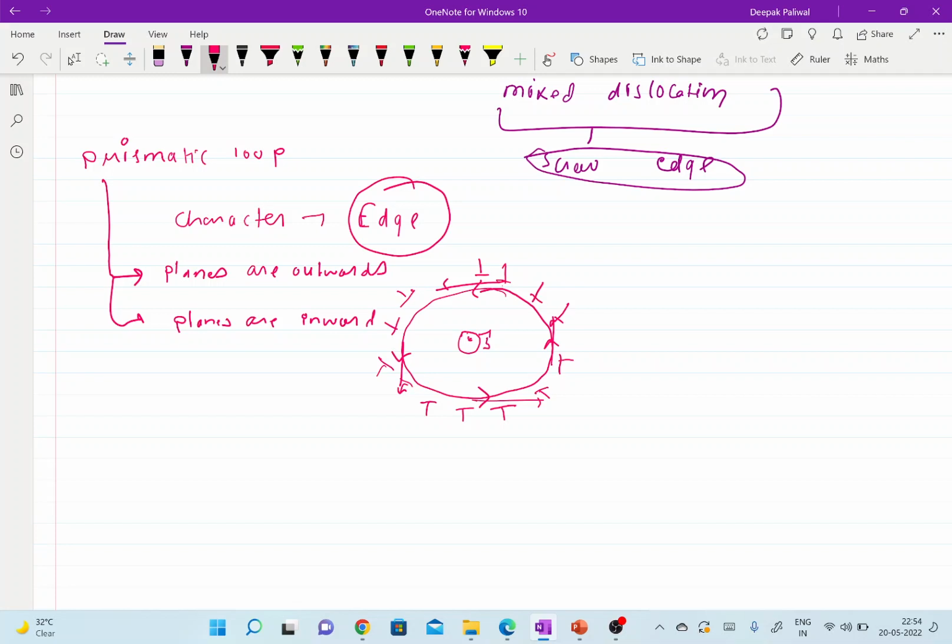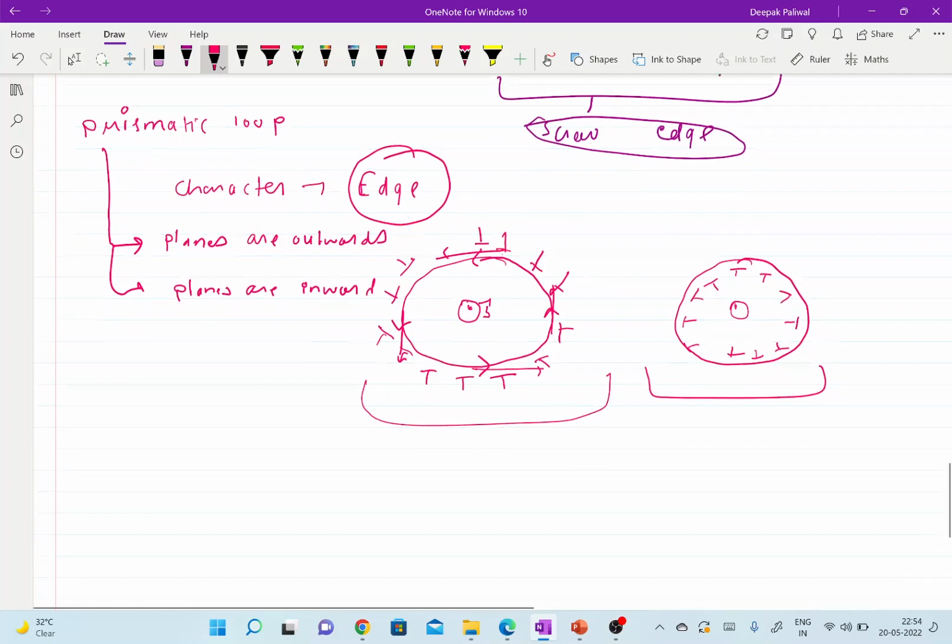In a similar fashion, if I draw like this, the Burgers vector is along the plane normal, normal to the plane of paper, and all the partial planes become inward, then it is the inward prismatic loop, and this is the outward prismatic loop.